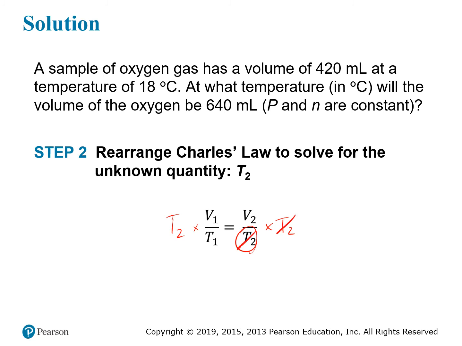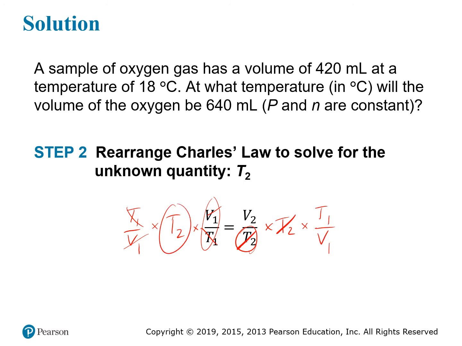But then we need to get rid of these variables on the left-hand side to get T2 by itself. So to get rid of these variables, you multiply by the reciprocal. So it'll be times T1 over V1. That way T1 cancels out and V1 cancels out. And so then we have to do the same thing on the other side, multiply by T1 divided by V1.